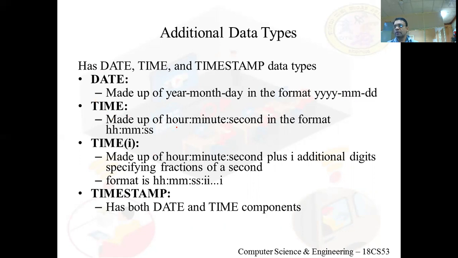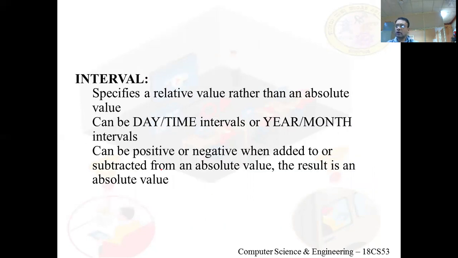Time is stored in the form of hour, minute, and second. Timestamp includes both time and date components. We have one more data type called interval. Suppose you are adding two dates or subtracting 2 days, we can use interval. It specifies a relative value rather than an absolute value. This interval value can be positive or negative when added to or subtracted from an absolute value.